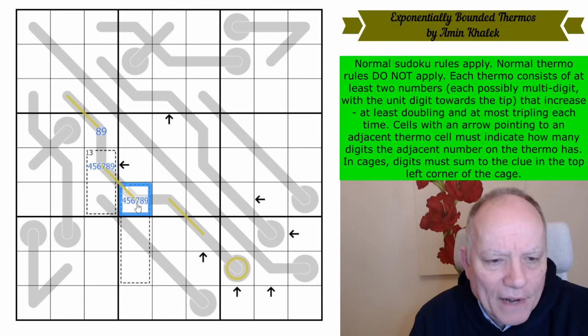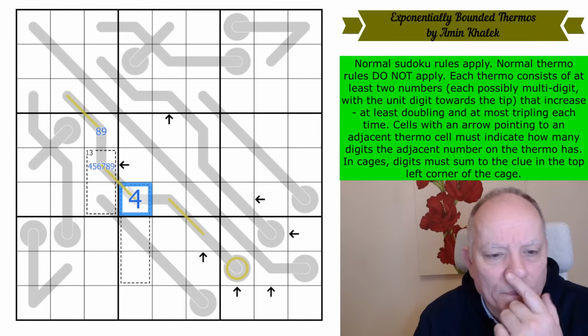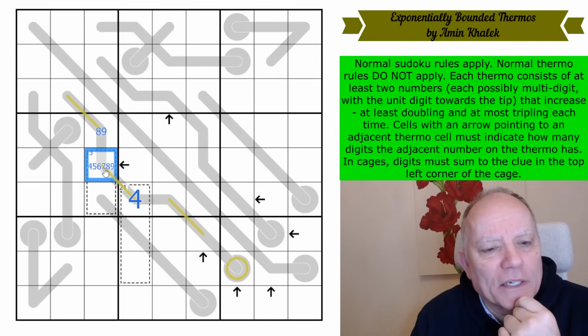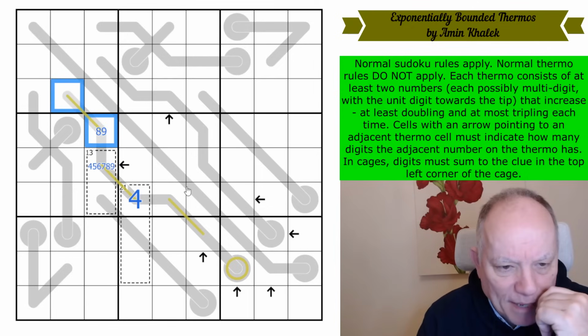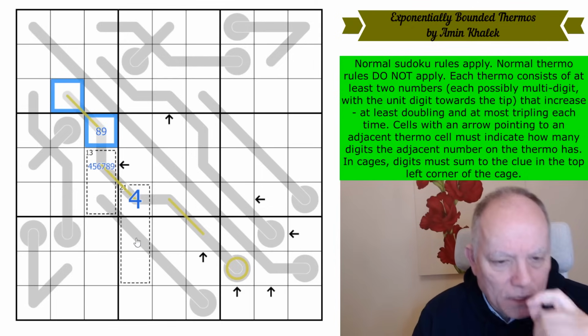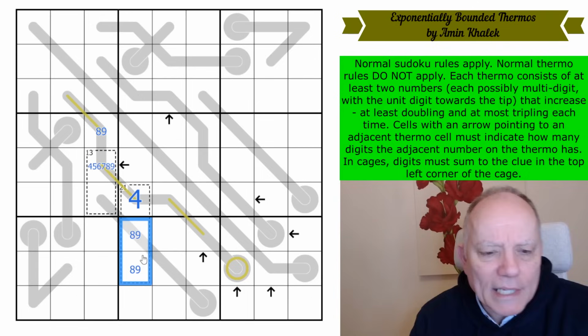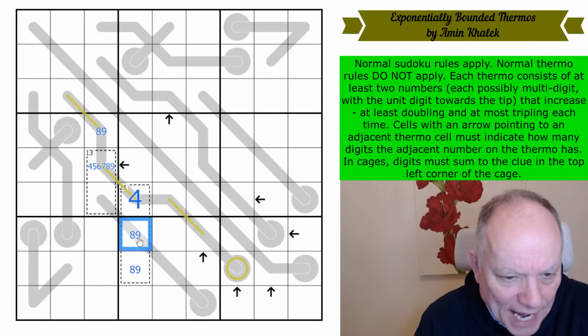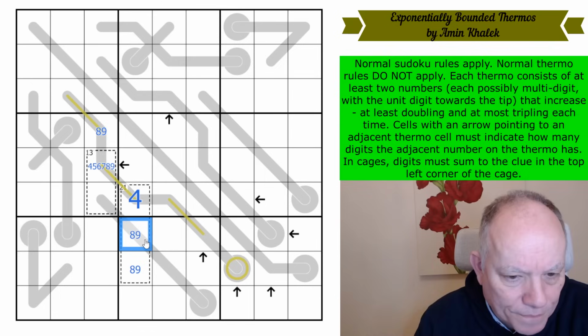And if we had 50 something, we're too big. I think this has to be a 4. Then this can be anything it likes. It could go up to 9, 49 and 98 is perfectly acceptable there. So that 4 gets an 8 and a 9 here in this cage. Now, if this was a normal thermo, that would be an 8, but it's not.